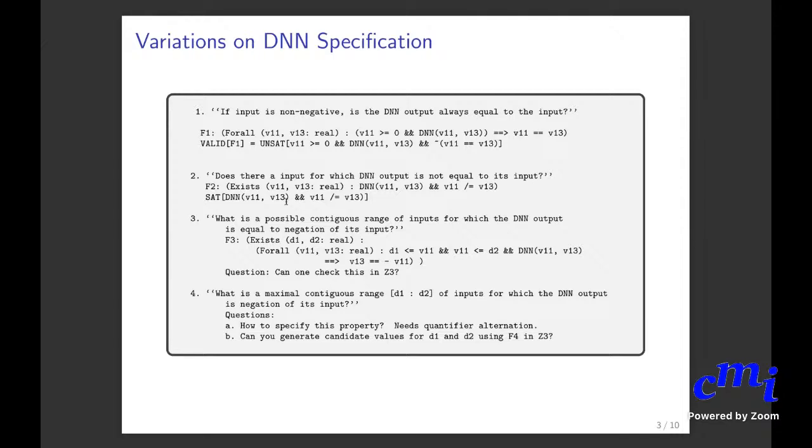But there could be another property. You might be interested in asking the question if there exists an input for which the DNN output is not equal to its input, which is actually the case here for this DNN. Then your specification is not a universally quantified thing. It is more like an exists.